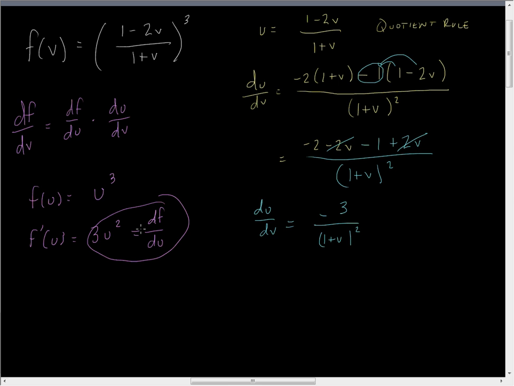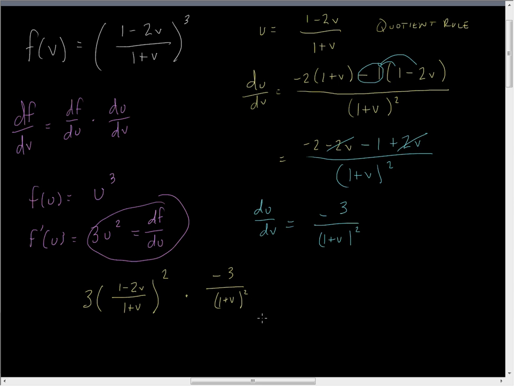So chain rule says we take df/du and multiply it by du/dv. So df/du, this is 3 times u. Now u was (1 - 2v)/(1 + v), quantity squared, times negative 3 over (1 + v) quantity squared.